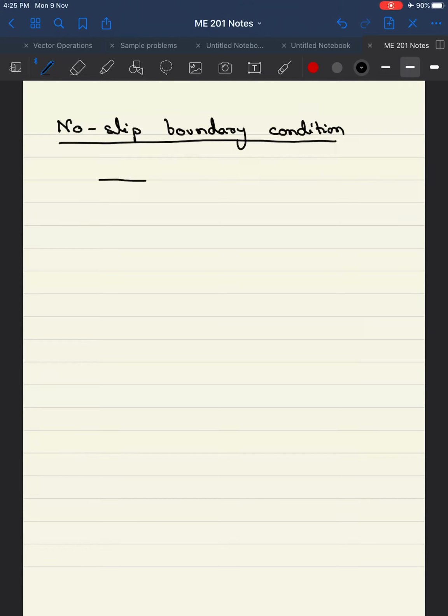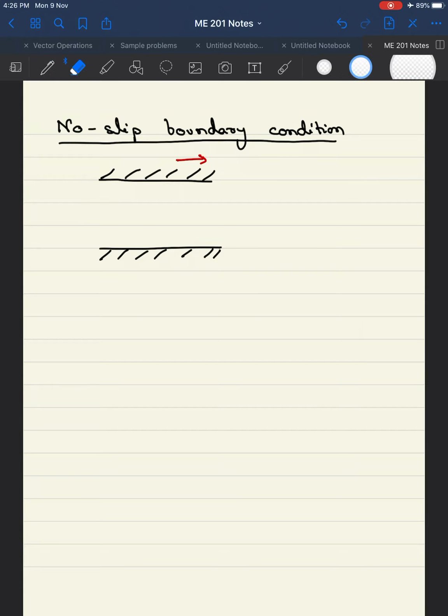So the no slip condition, I'll just take a very simple case where you have, let's say, a parallel plate, and the top plate is moving with a velocity, let's say v.